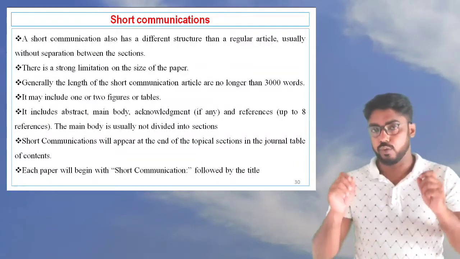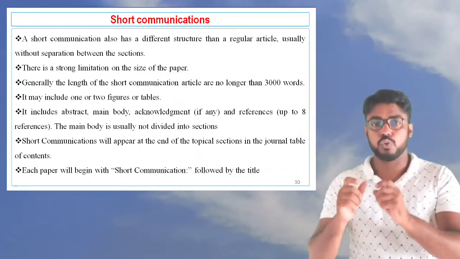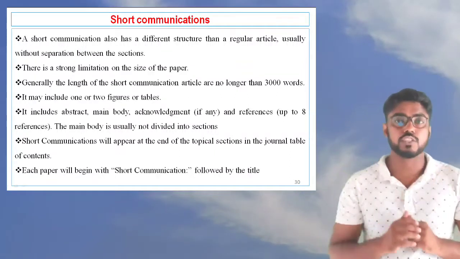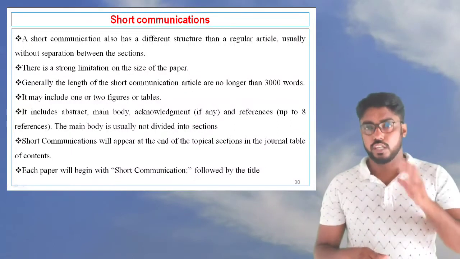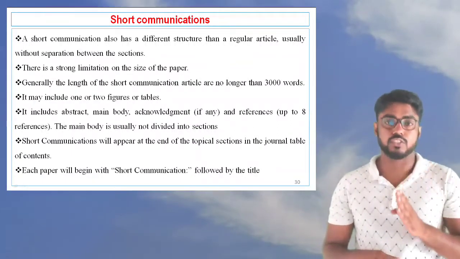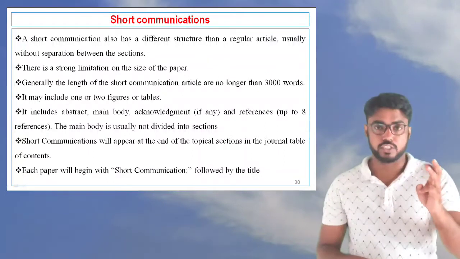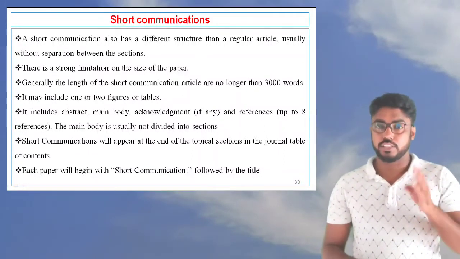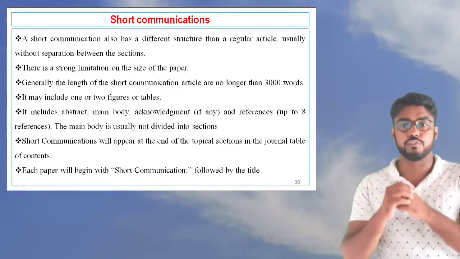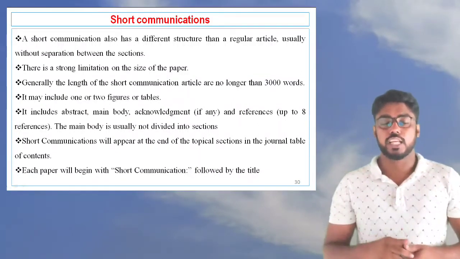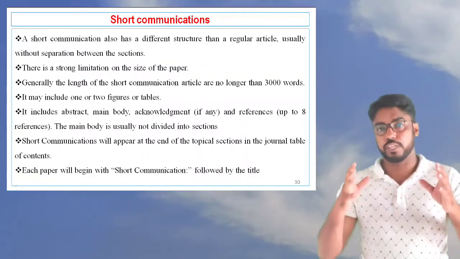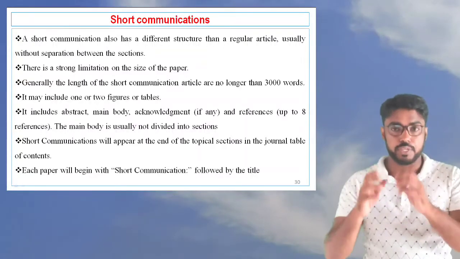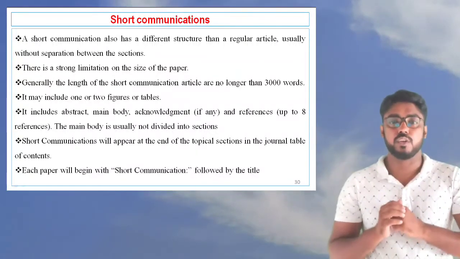It may include one or two figures or tables, and includes abstract, main body, acknowledgement, and references. It will appear at the end of the table of contents, and each paper will begin with "Short Communication" followed by the title of that article.